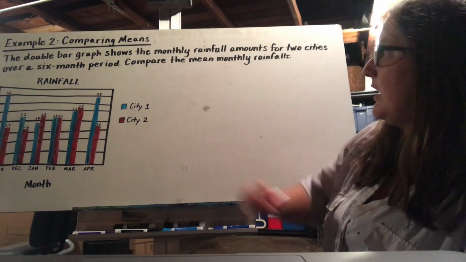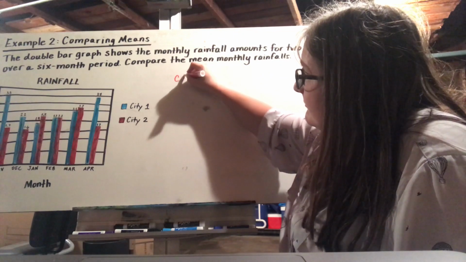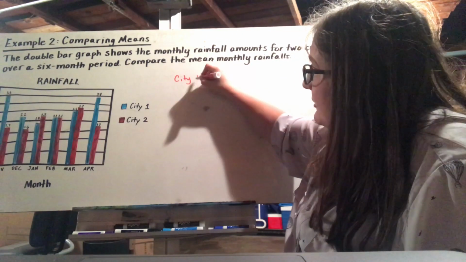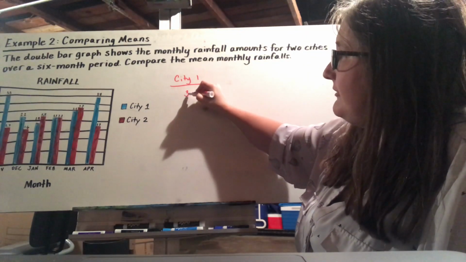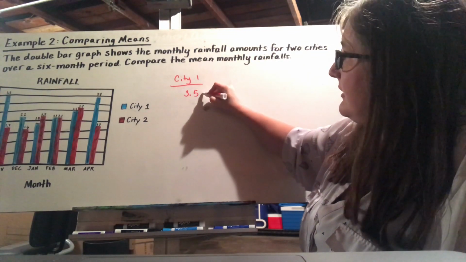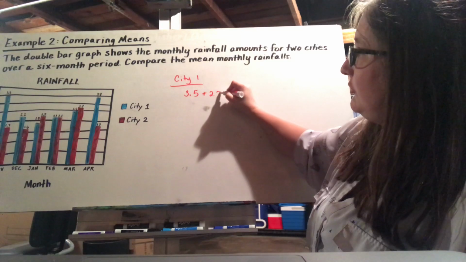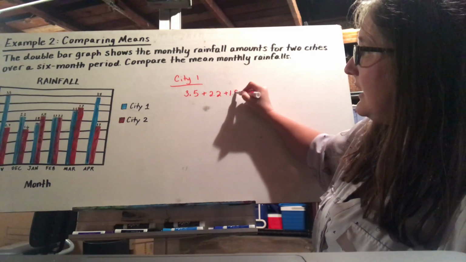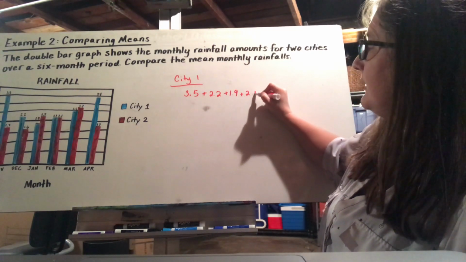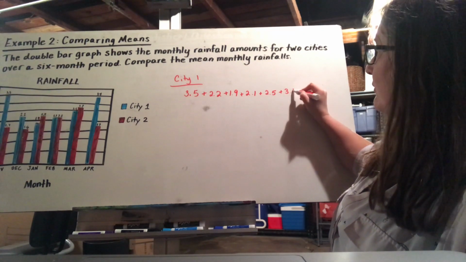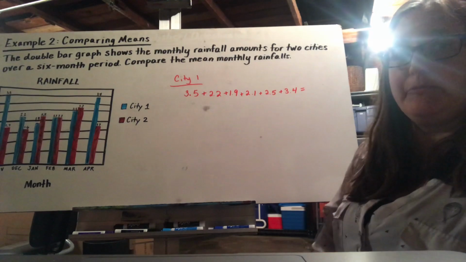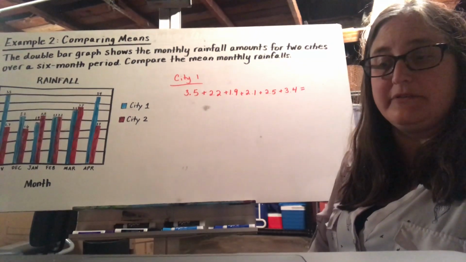So city number 1, starting in November, had a rainfall of 3.5 inches in the month, then 2.2, 1.9, 2.1, 2.5, and 3.4.